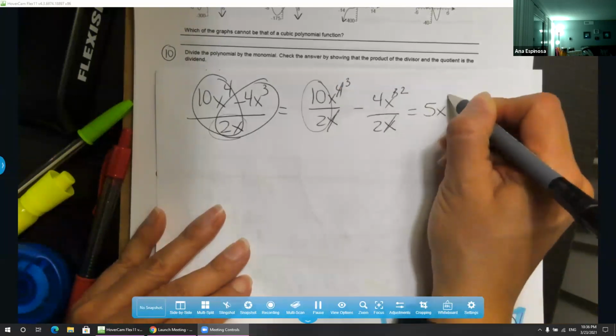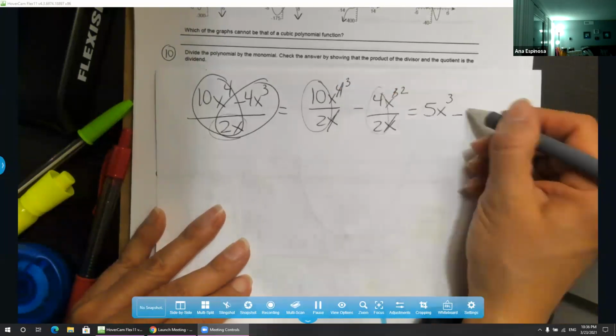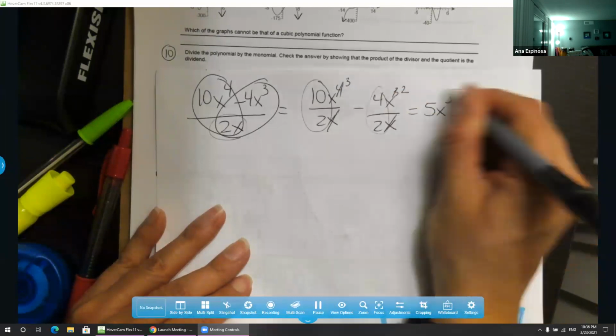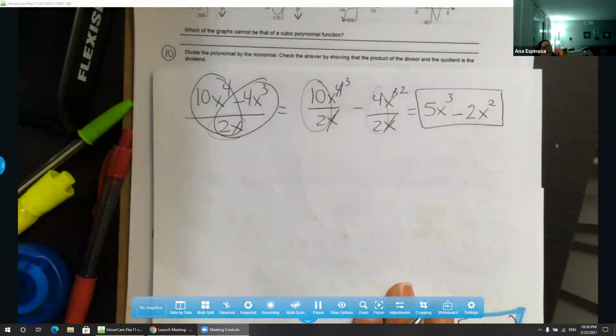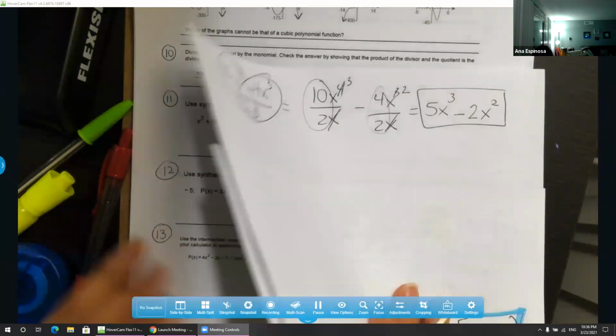So it's 5x cubed minus 2x squared. You're done. That is it. That's only if you have a monomial, one term in the denominator. Then you divide those pieces by that monomial and then reduce.